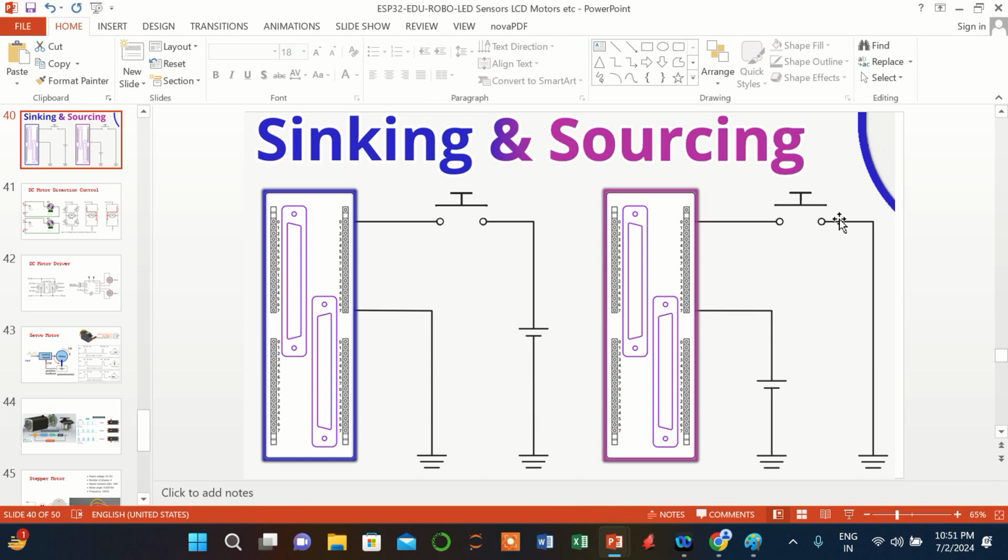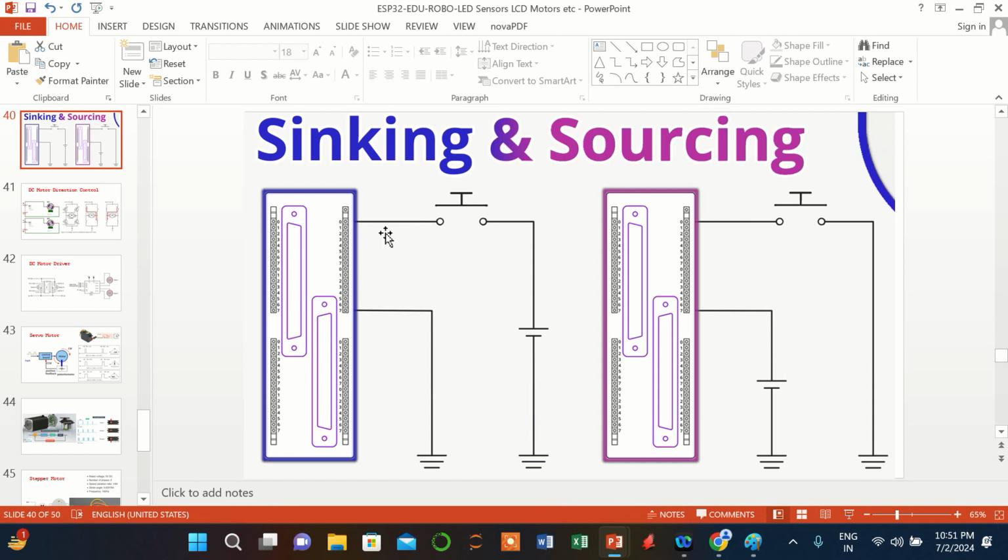So you need to understand the direction of the current; there are two possibilities, either it is in sinking form or sourcing form. In either case, the controller has the ability to limit to somewhere around a few milliamperes of current. Let's say somewhere around 10 to 40 milliamperes. Beyond that, you are not supposed to draw, otherwise it will physically damage.